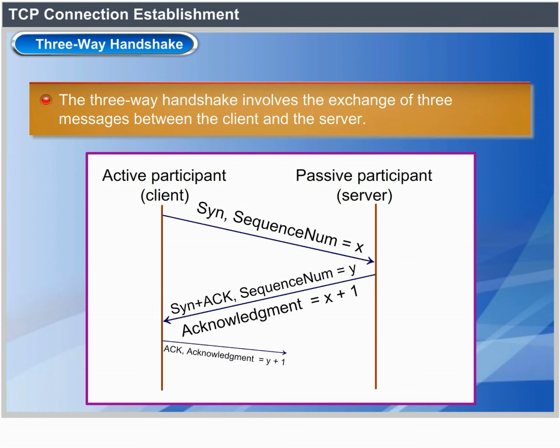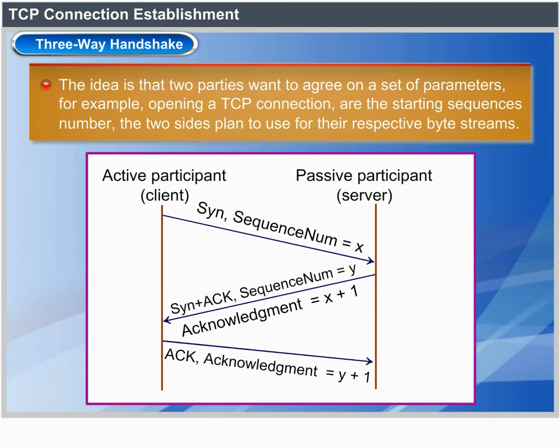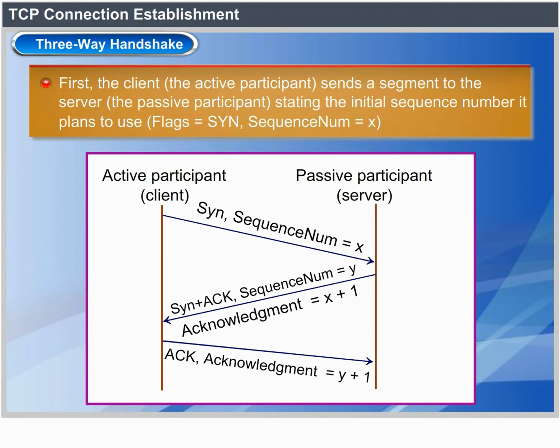The idea is that two parties want to agree on a set of parameters which, in the case of opening a TCP connection, are the starting sequence numbers the two sides plan to use for their respective byte streams. First, the client, the active participant, sends a segment to the server, the passive participant, stating the initial sequence number it plans to use. Flags equals SYN, sequence num equals X.